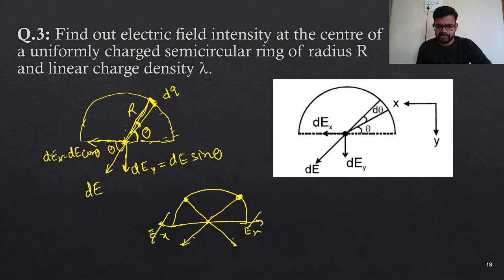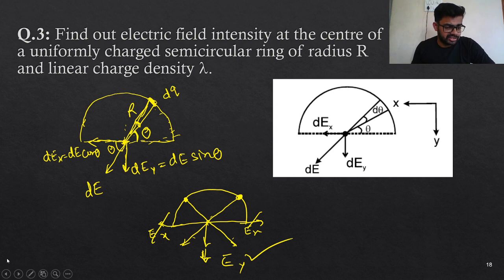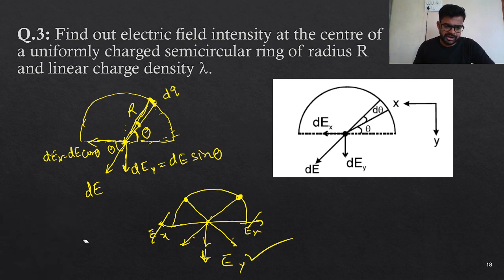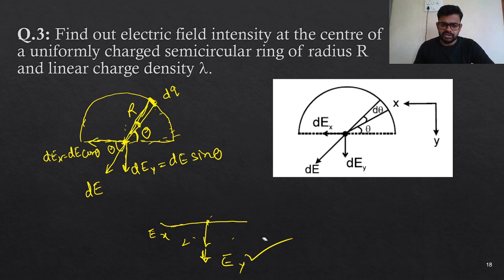So this will be cancelled with this, and both of their y components are in the downward direction. So the final intensity of field will be in the y direction only, the x direction will be cancelled. This is the simple thing you need to remember, my dear friends. Because of symmetry, in the x direction the field intensity is 0. Remember, mind it.